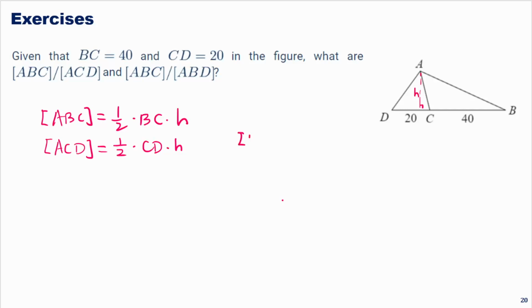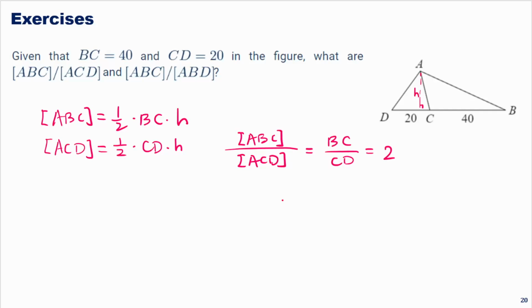Therefore, we know the area of triangle ABC over the area of triangle ACD is given by BC over CD, and this is actually 2, right?